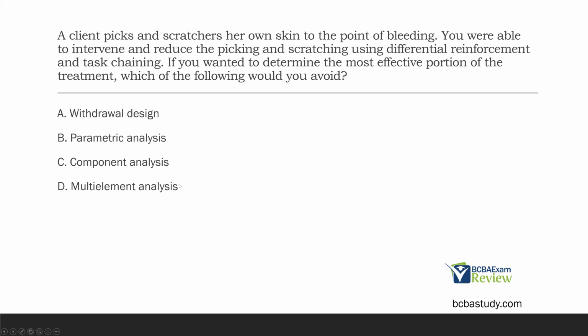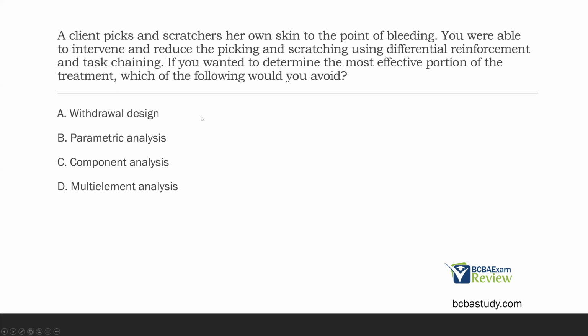So remember, component analysis is the medicine, parametric analysis is the dosage. Both are more effective and more ethical than withdrawal design. And what about a multi-element analysis? Sure, if you're going to alternate between differential reinforcement and task chaining, yeah, technically you're going back and forth and withdrawing one intervention, but at least something else is in place.